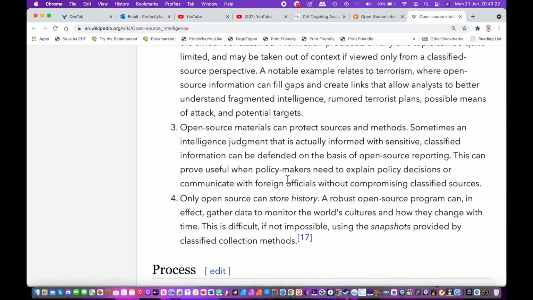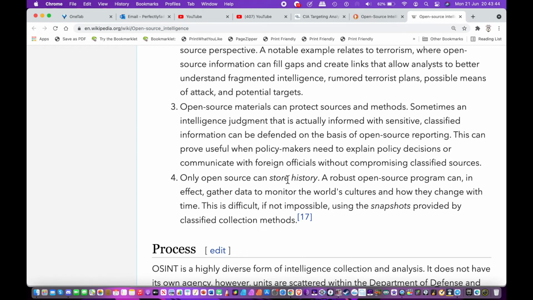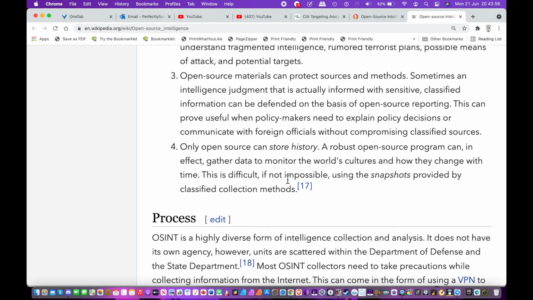3. Open source materials can protect sources and methods. Sometimes an intelligence judgment that is actually informed with sensitive classified information can be defended on the basis of open source reporting. This can prove useful when policymakers need to explain policy decisions or communicate with foreign officials without compromising classified sources. 4.